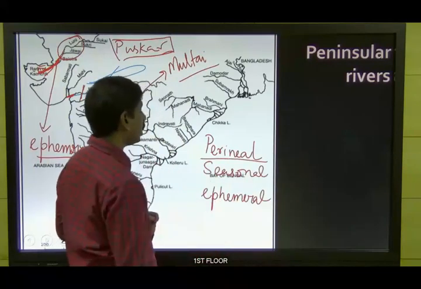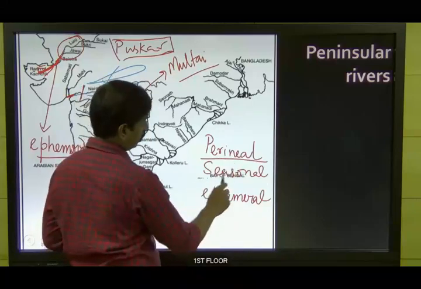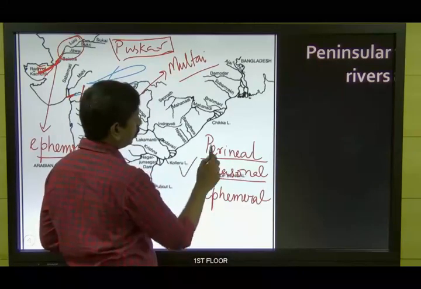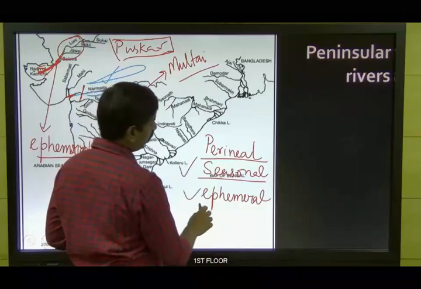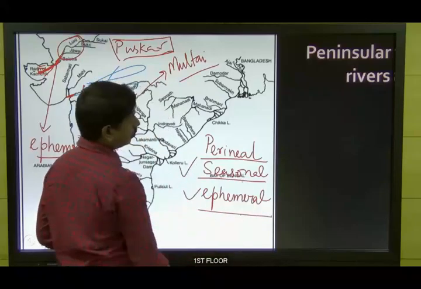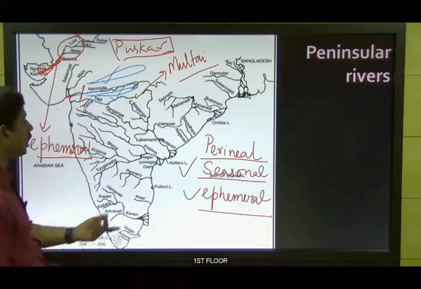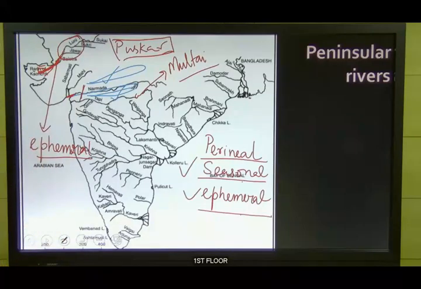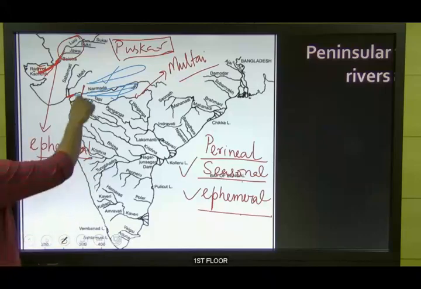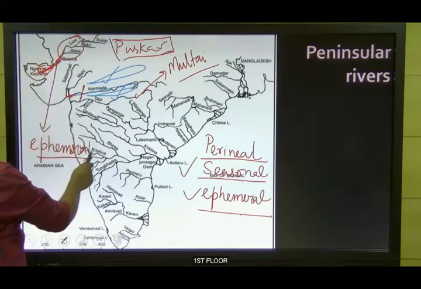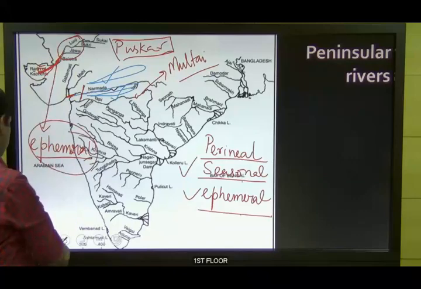Perennial means throughout the year the flow would be there. Seasonal means for a particular season it would be there. Ephemeral means even less than seasonal. Very transient. Whenever the rain is there, the river will be there, and whenever the rainwater recedes, the river will be gone. Luni is an example of an ephemeral or transient river.